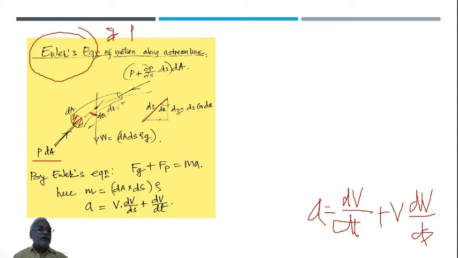Now what is the gravitational force? Gravitational force is nothing but the weight of the fluid. So W, the weight of the fluid, will be given by the density multiplied by g, that is gamma. So this term indicates gamma multiplied by volume.